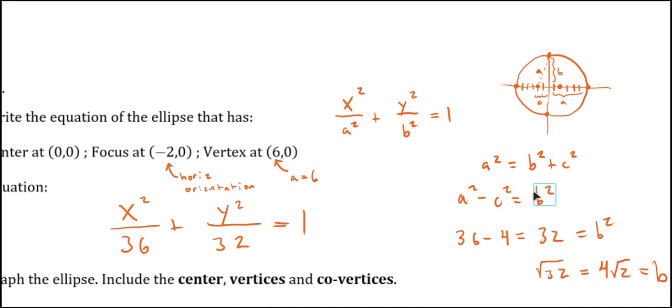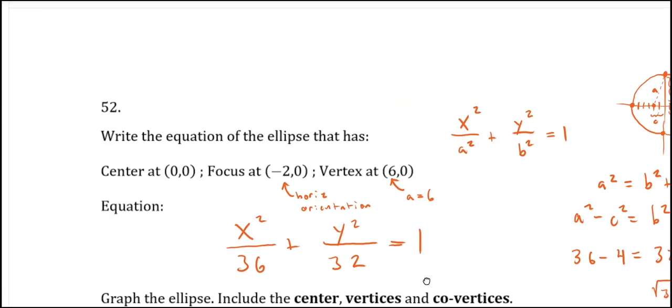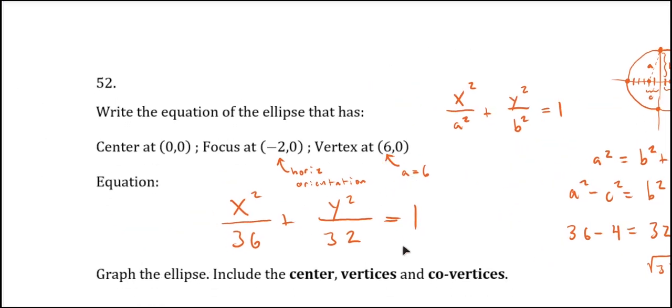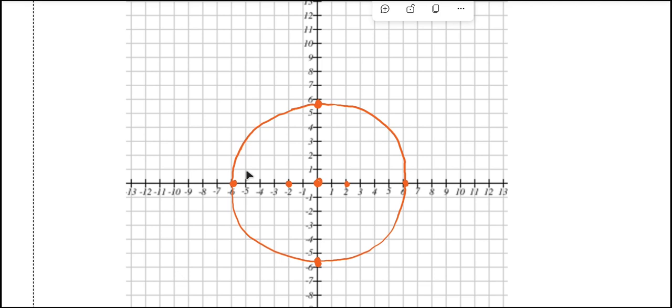Now we can get b squared just by taking the difference of a squared and c squared, and this tells me that b squared is 32. If all we want is the standard form of the equation, we don't need b, we just need b squared, and that's 32. To graph this, I would identify the vertices, co-vertices, and it's nice to put the center and the 2 foci on this graph as well.